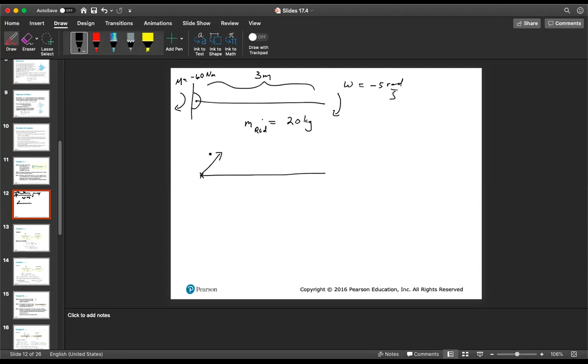I'm just going to call it some sort of a normal force, and this is being applied at point O. The book likes to call this force the force O, which is applied at position O, but I'm just going to call it a normal force. It points in some random unknown direction, and it's applied at point O. And then we have the weight, which is applied at the center. So acting down, we have a weight.